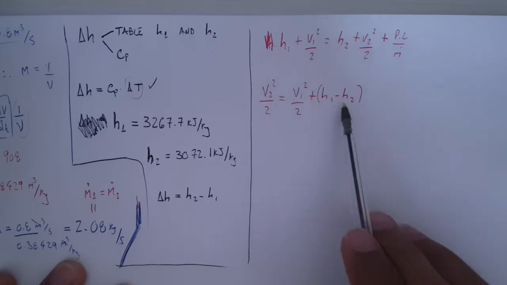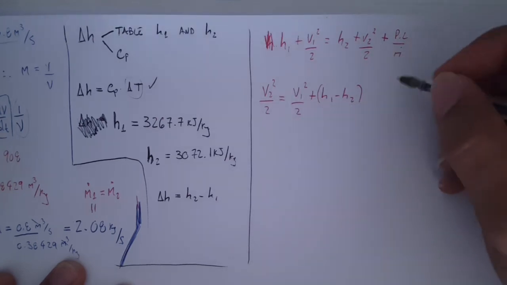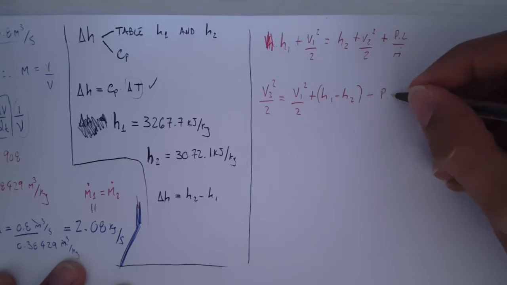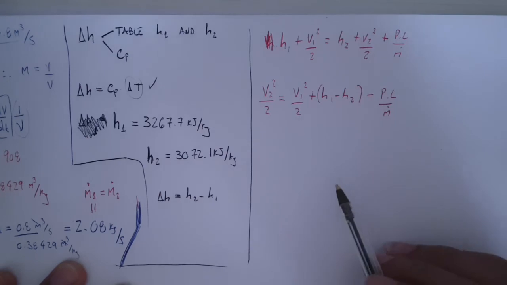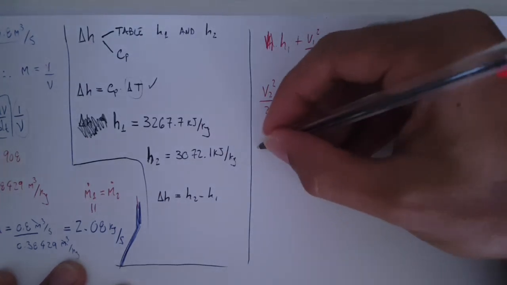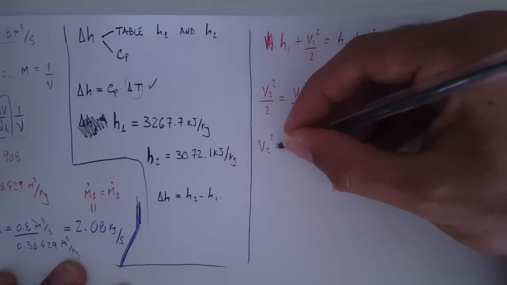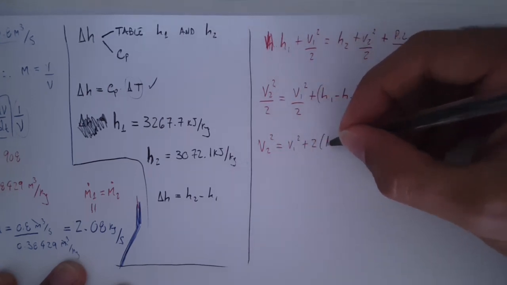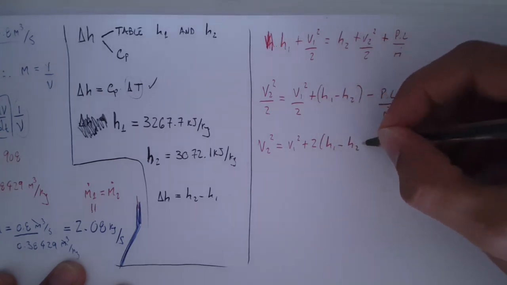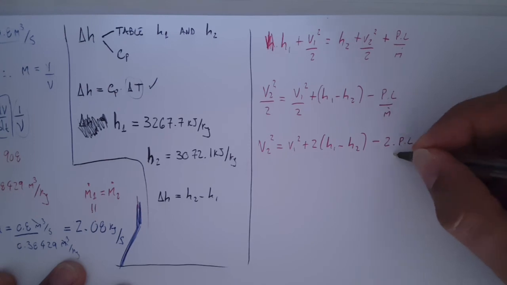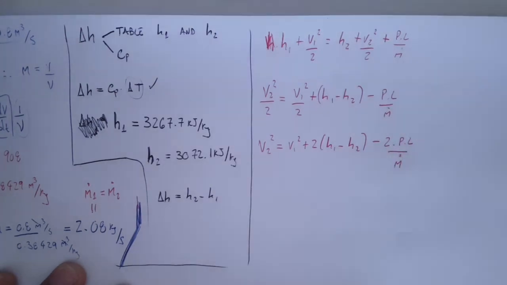And then minus the power loss over the mass flow rate. I can multiply everything by 2, so I'm going to have that my V2 squared equals my V1 squared plus 2 times (H1 minus H2) minus 2 times my power lost over my mass flow rate.